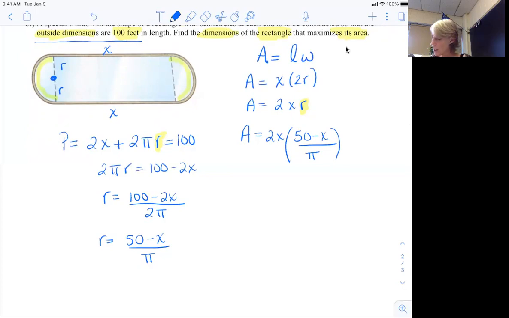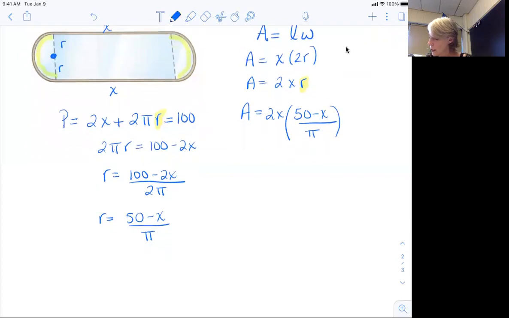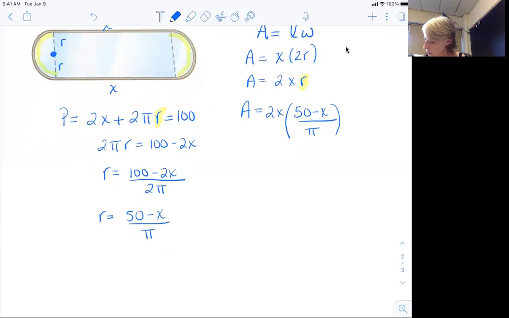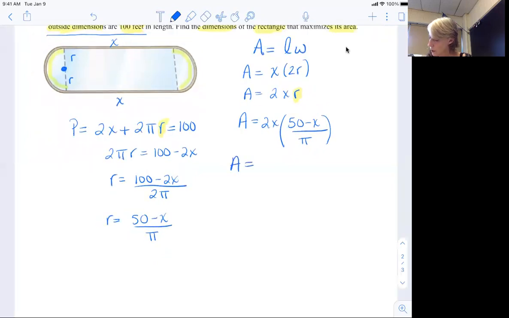Oh, I think I made a tiny little mistake. That's okay. So I have 2x times that. So now I'm going to have area is going to equal 100x over pi minus 2x squared.